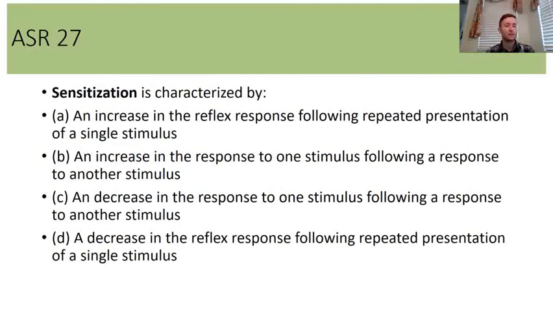ASR 27. Sensitization is characterized by A, an increase in the reflex response following repeated presentation of a single stimulus. B, an increase in the response to one stimulus following a response to another stimulus. C, a decrease in the response to one stimulus following a response to another stimulus. Or D, a decrease in the reflex response following repeated presentation of a single stimulus. Give you a couple more seconds.